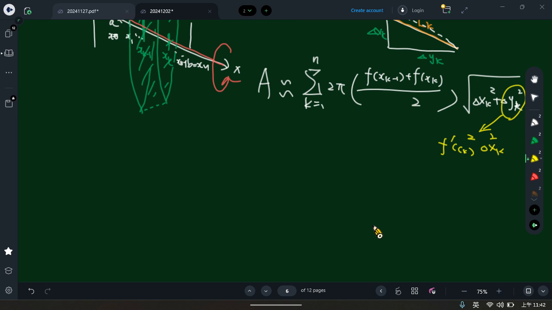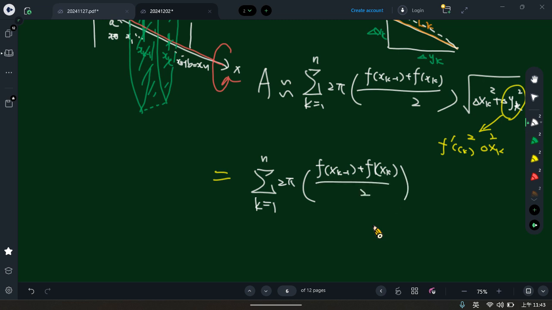so that the final estimation could be like sigma k from 1 to n of 2 pi times f of s_{k-1} plus f of s_k, then divided by 2, times the square root of 1 plus f prime c_k squared, delta s_k, because we can use this conversion to get this one.